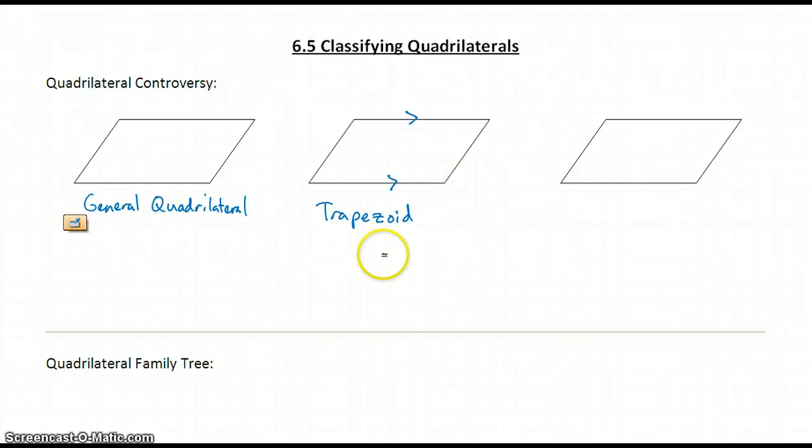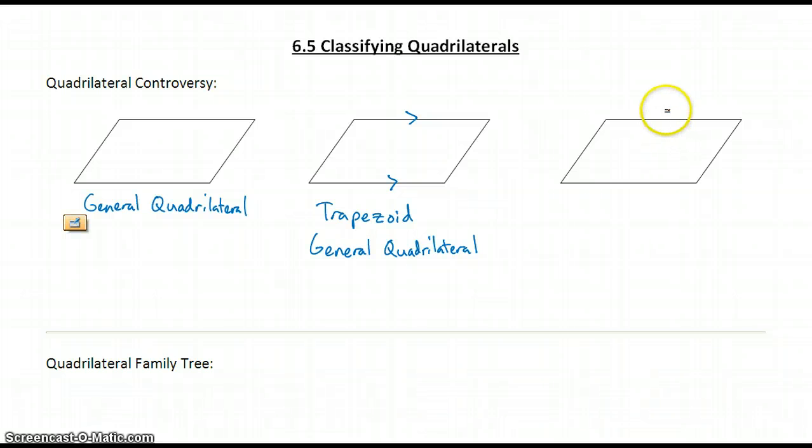Well, kind of like when we talked about equilateral triangles and isosceles triangles, when this general quadrilateral becomes a trapezoid, it doesn't lose the fact that it was a general quadrilateral. Just like an equilateral triangle is isosceles, a trapezoid is also a general quadrilateral.